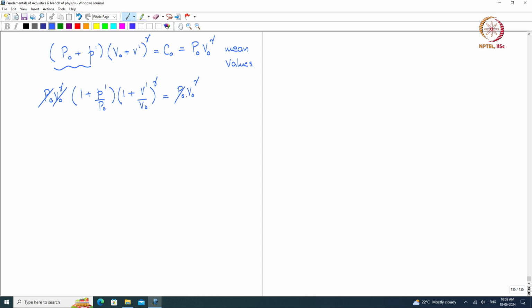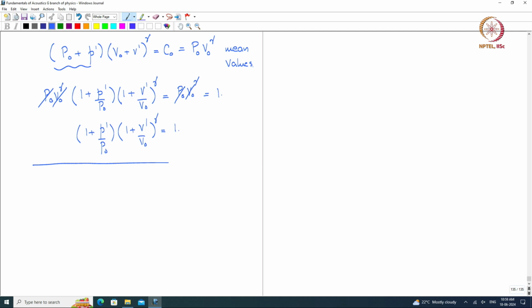I cancel this, so this is equal to 1 now. Okay, so 1 plus P dash by P0, 1 plus V dash by V0 to the power gamma is equal to 1.